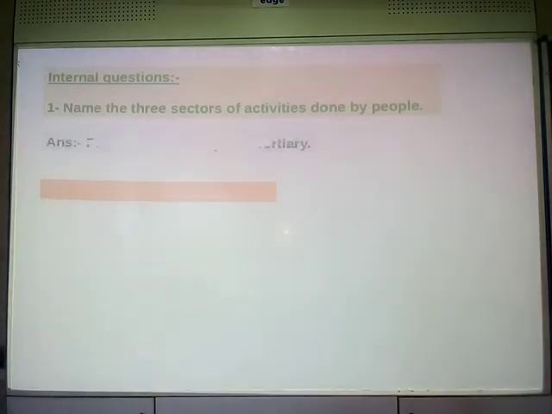So primary, secondary and tertiary are the 3 sectors of activities which are being done by the people.